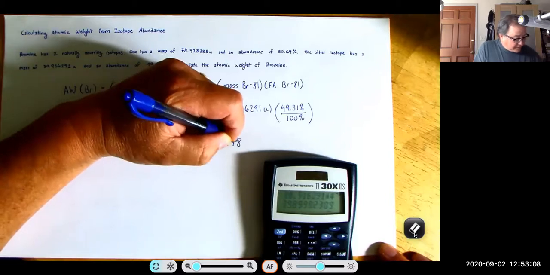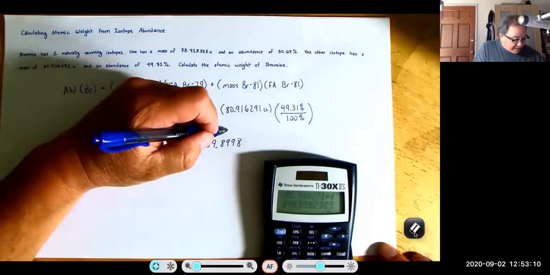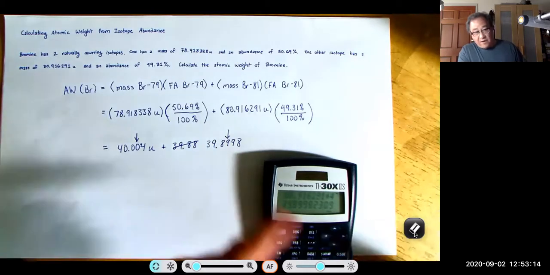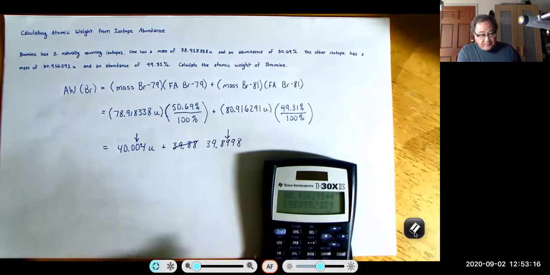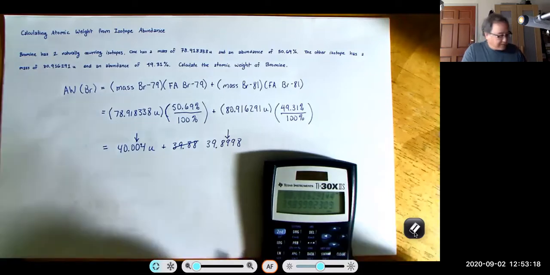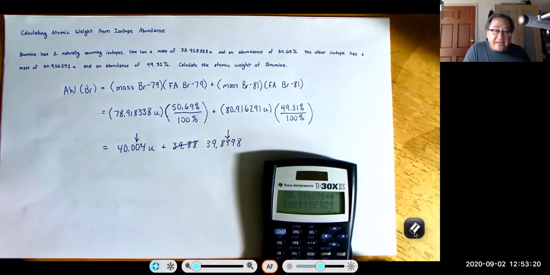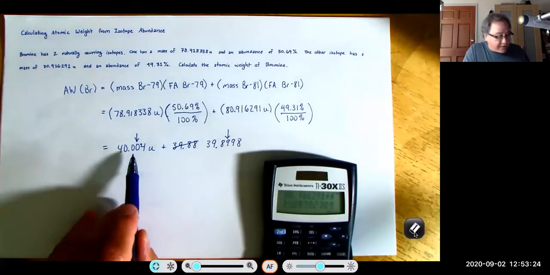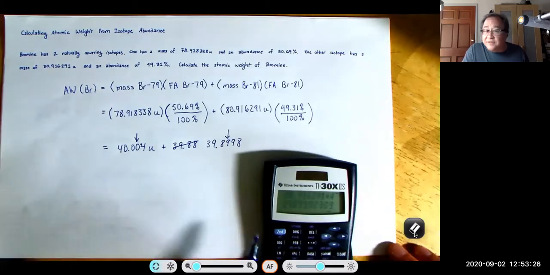I'm going to put my arrow right here. The reason I kept the extra is because I saw that if I rounded this, I'd have to round it to 39.90. But nonetheless, can everyone see that I should have rounded to 2 places after the decimal here, and to 2 places after the decimal here?